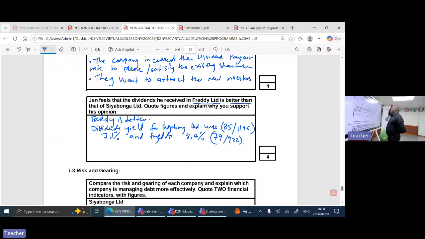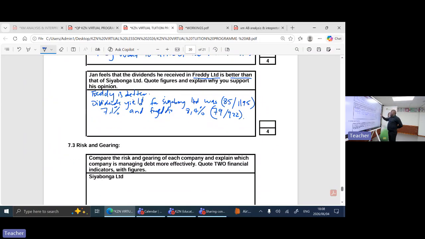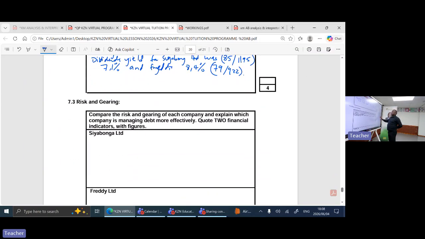Right? So this is what you can mention. The NAV as well as the dividends, so that you could see which is better.